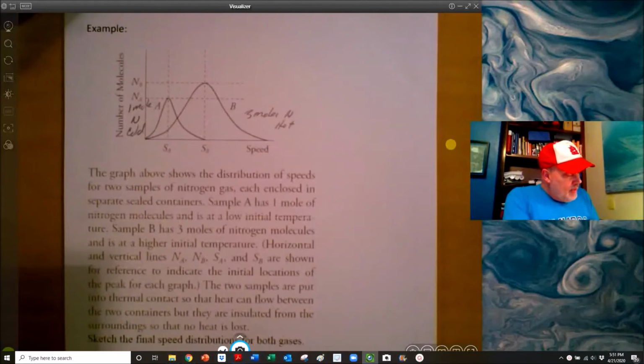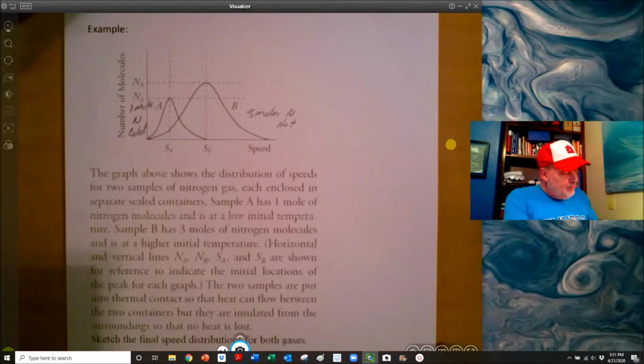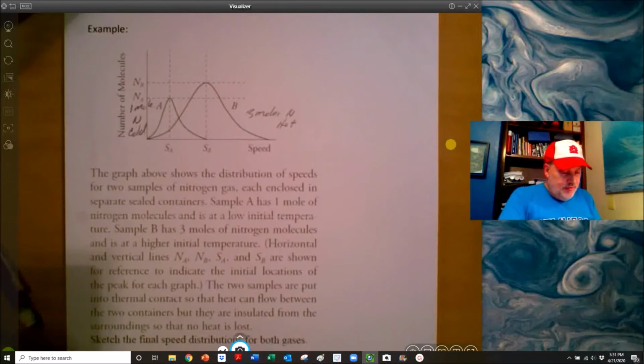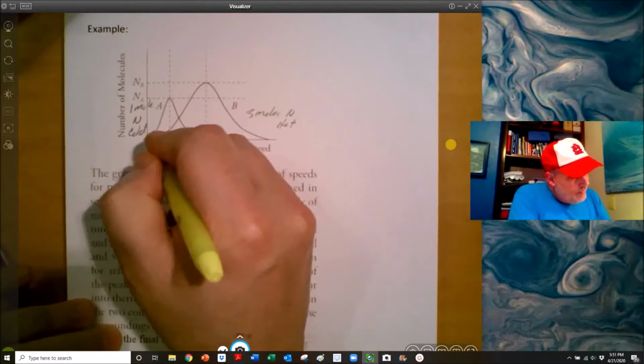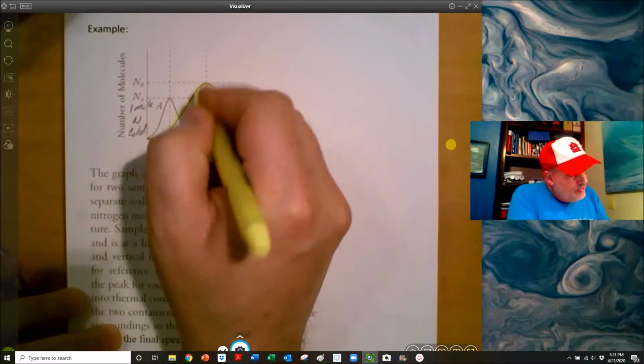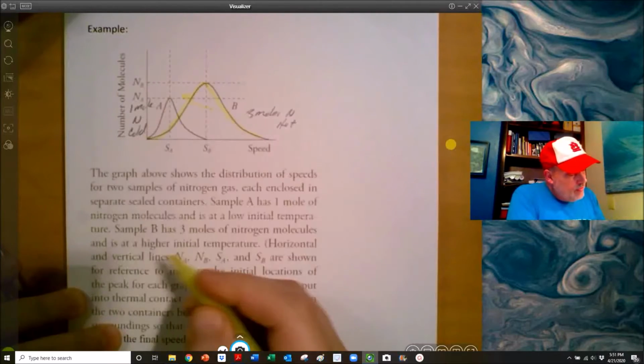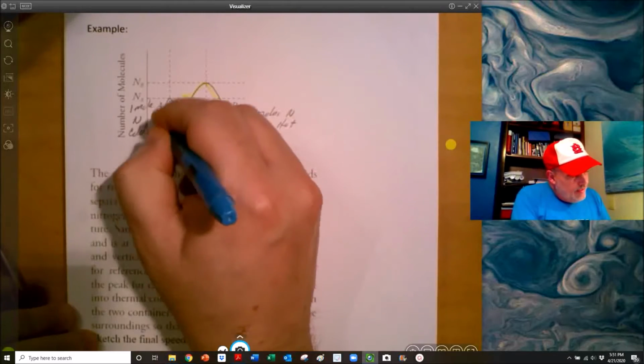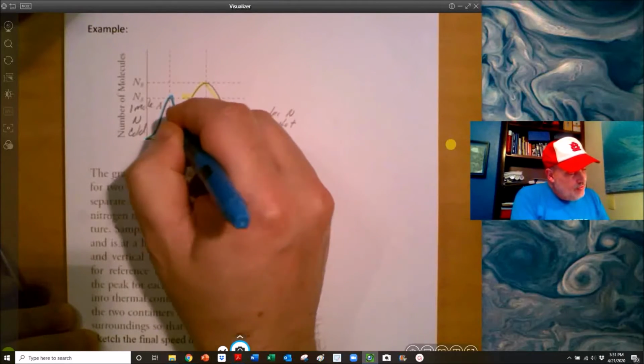All right? Now, they're put in thermal contact, heat flows between the two, and so what's going to happen? Well, let's see. This one over here that's hot should shift to the left. And this one over here on the left should shift to the right.